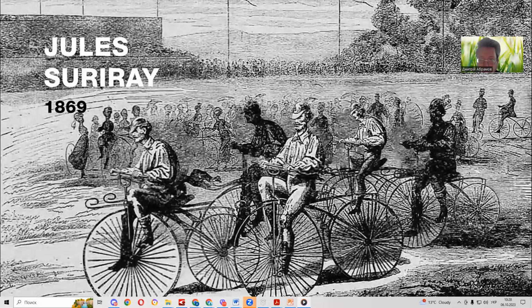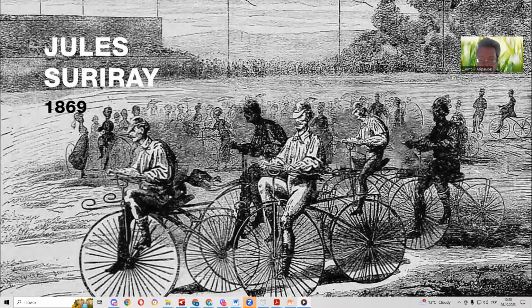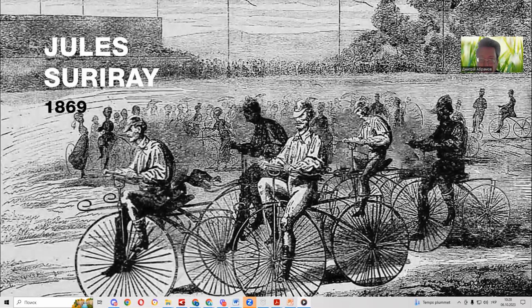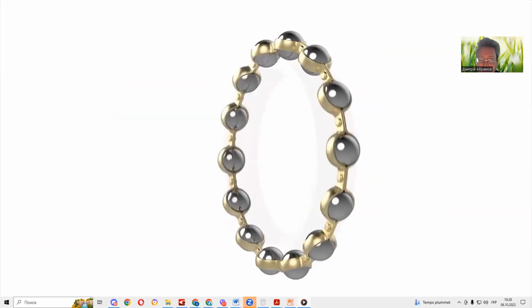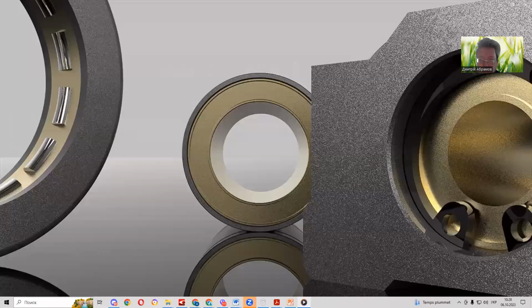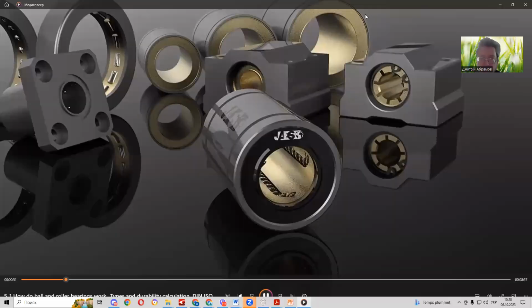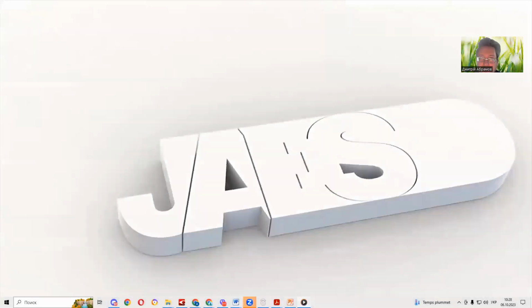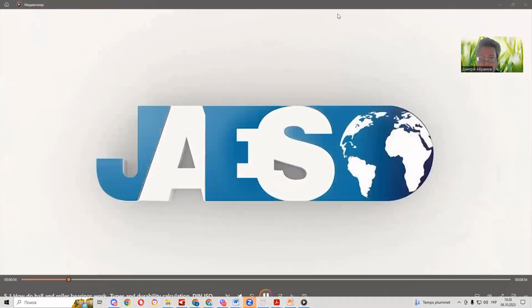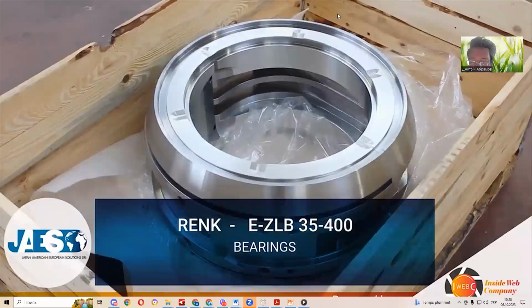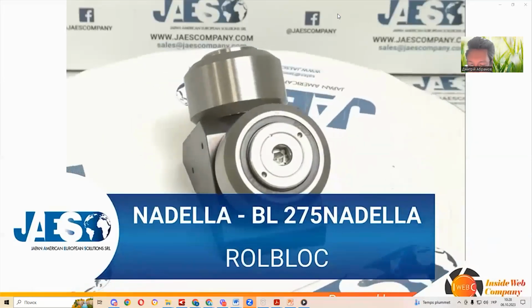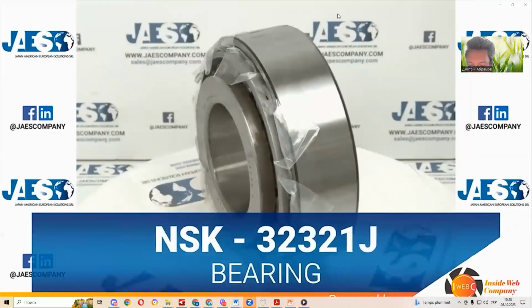This invention allowed him to win the first cycling race in history, the Paris-Rouen race. In this video, we will see how bearings work and which are the main bearing types. More than 10 years in the industry has led JAS to become the qualified partner for some of the most important mechanical engineering companies, providing any type of bearing from different manufacturers.